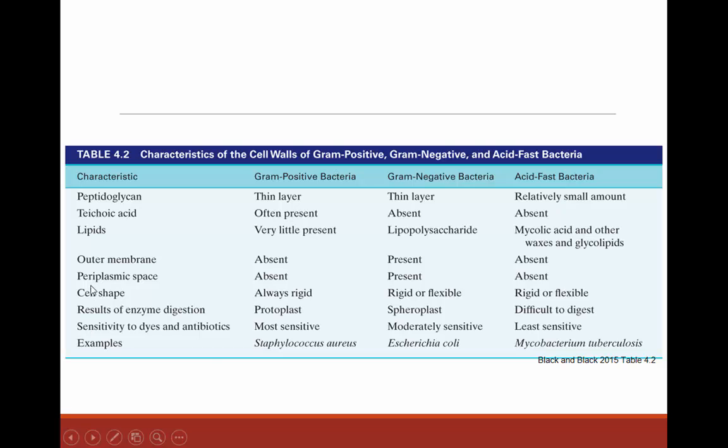Okay? Now, if you look at sensitivity to dyes and antibiotics, so gram-positive are the most sensitive, gram-negative are moderately sensitive, and the acid-fast are the least sensitive. So you can understand why some treatment for this might be problematic because they may not be terribly sensitive to antibiotics or dyes.